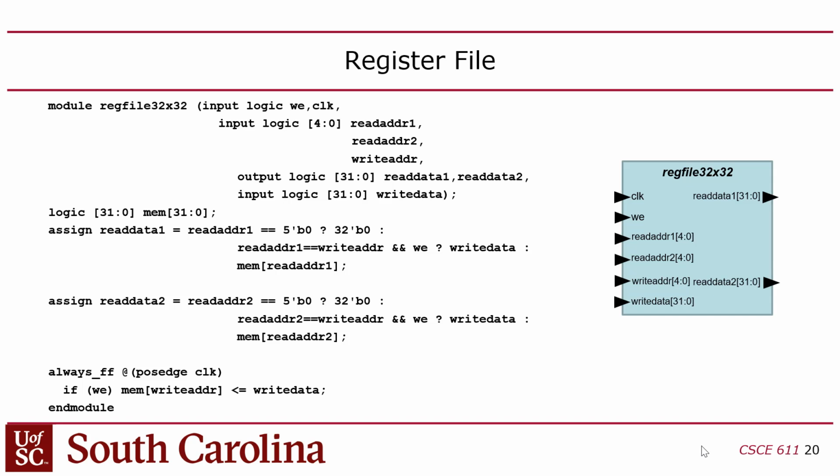Actually, I should say 2 of the ports are always reading, and the 3rd port can optionally write, but its only function is to write. This is designed to match the instruction set architecture for RISC-V, where you have R-type instructions that want to read 2 registers and write to 1 in one instruction.